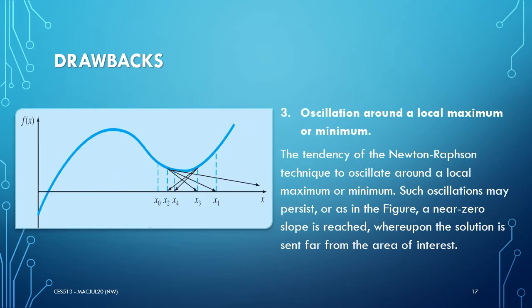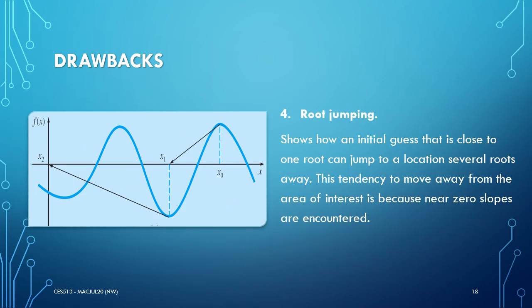The third one is the tendency of the Newton-Raphson technique to oscillate around a local maximum or minimum. Such oscillation may persist, or as in the figure, a near zero slope is reached, where the true root is far from the area of interest. The fourth drawback is root jumping.